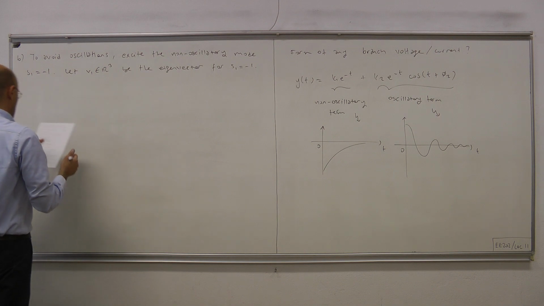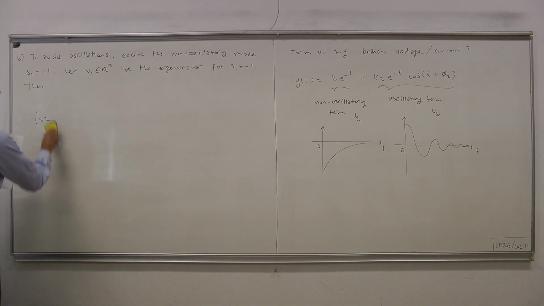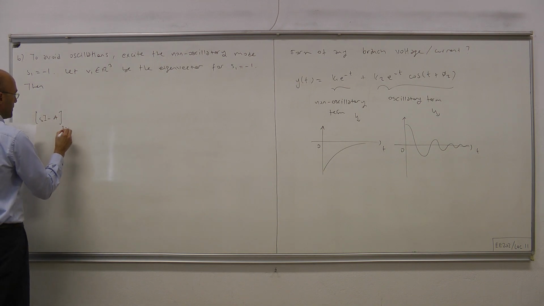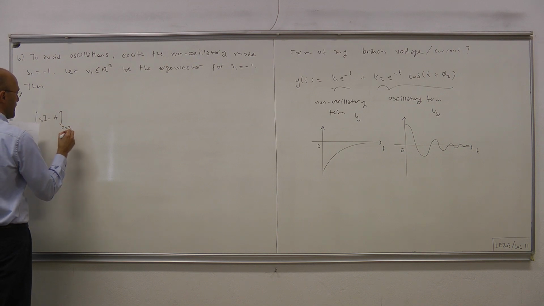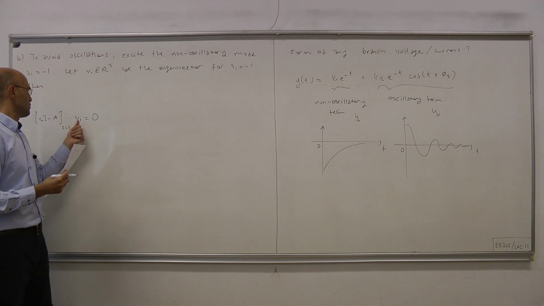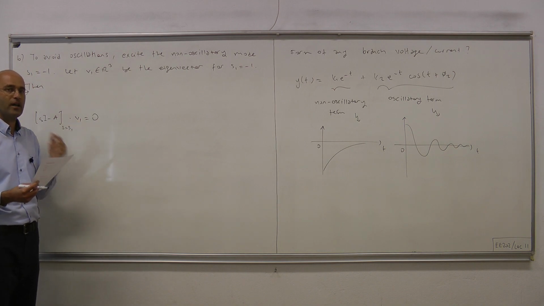So, that means we have SI minus A evaluated at S equals S1, times V1, equals 0. To figure out that eigenvector, we use the eigenvector eigenvalue equation.